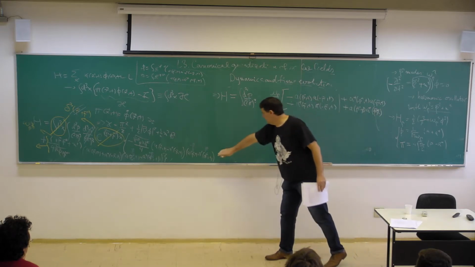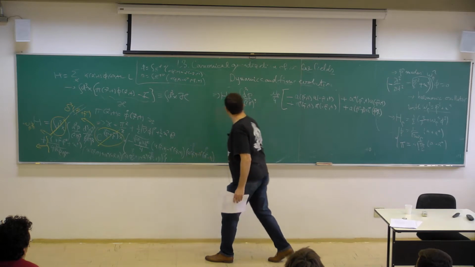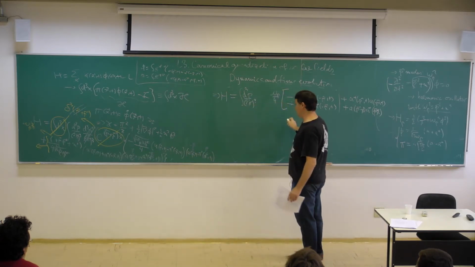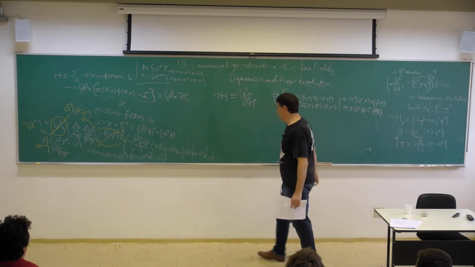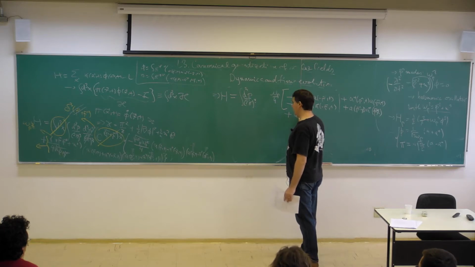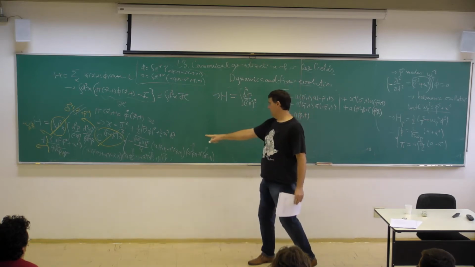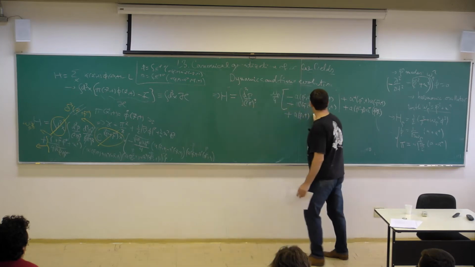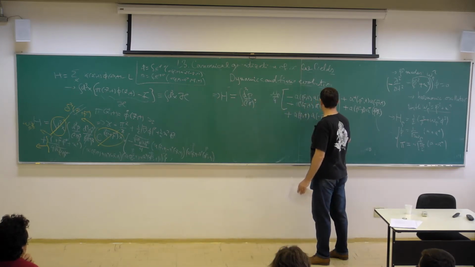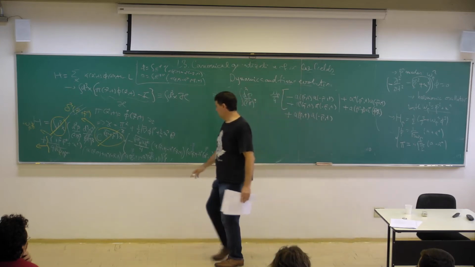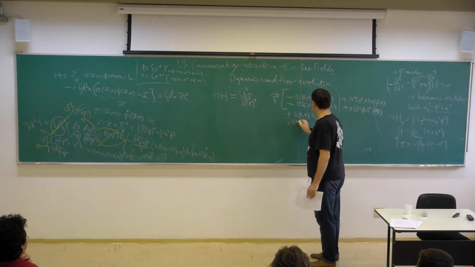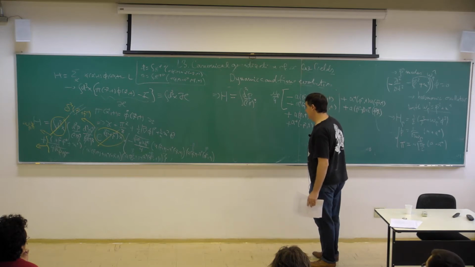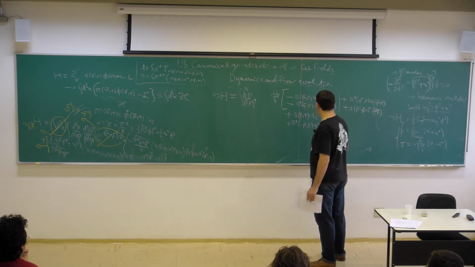So now I've written this guy. Now the second line I will write in a similar way. So this has the overall sign plus. So plus a of p t with a of minus p t. And then plus a dagger of minus p t, a dagger of p t.